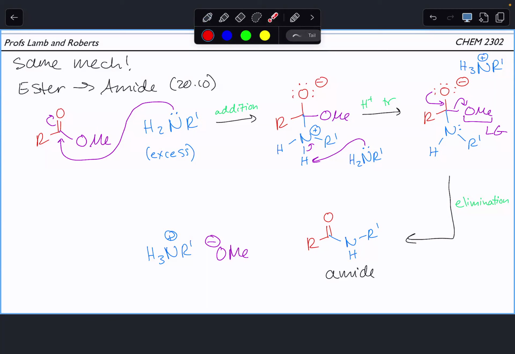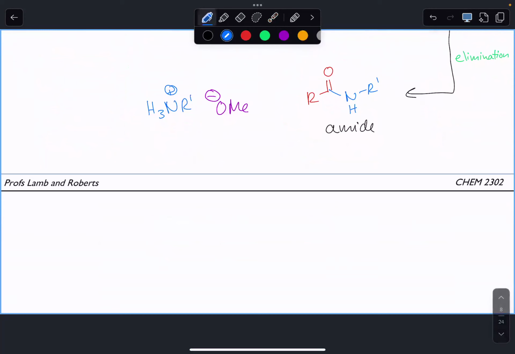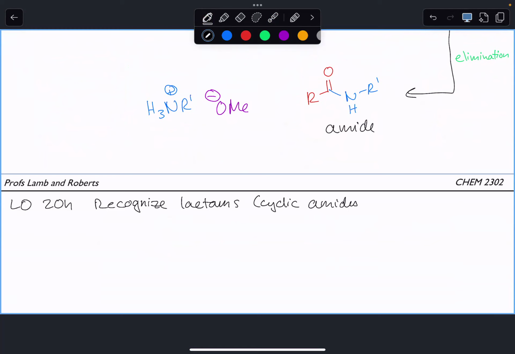Let's talk briefly about lactams, which are cyclic amides, which are basically the same, except they're cyclic. But we do want you to be able to recognize them. So learning objective 20H: recognize lactams, which are cyclic amides, and compare their stability to lactones, which is 20.14.